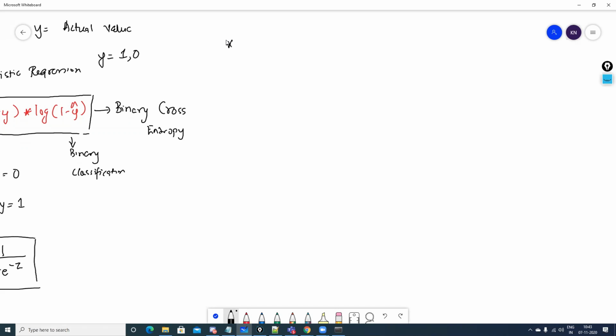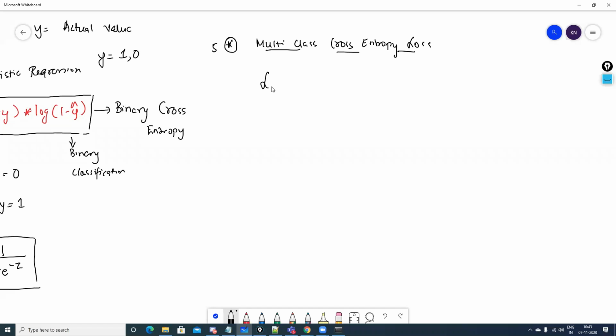So here I'm just going to write down my fifth point, which is called multi-class cross entropy loss. So this is my fifth loss function which I'm going to discuss, and this is basically given by this equation. See, guys, everybody see.